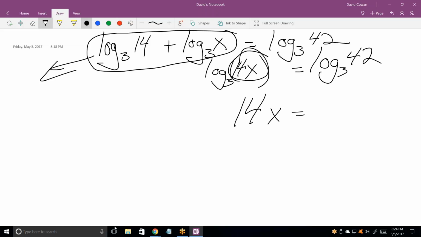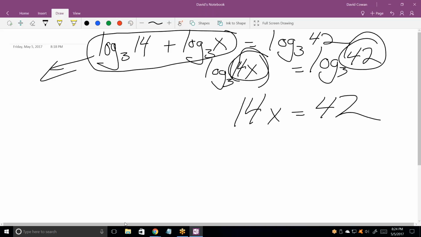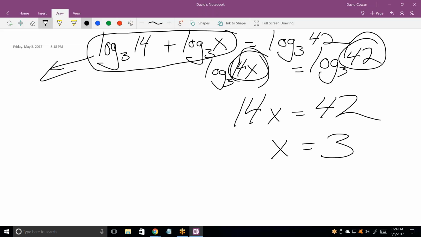That's the argument. Since it's log base 3 in both situations, then I'm going to make 14x equal to 42. That has to be a true statement. And that makes x equal to 3. All right, what else you got?